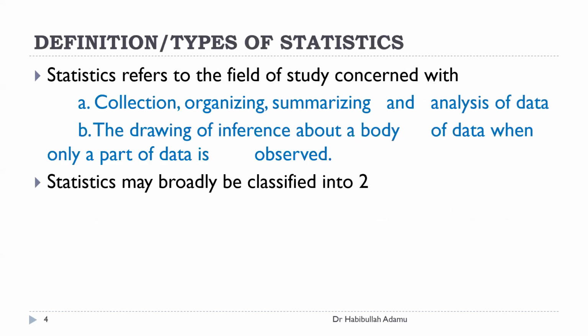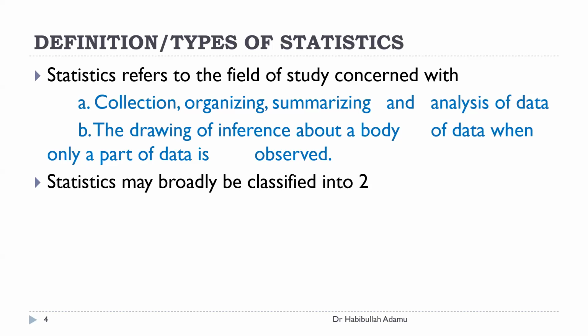So statistics refers to the field of study that is concerned with collection, collation, organizing, summarizing, and analysis of data. And not only that, it also deals with drawing of inference or conclusion about the data based on an observation that we made either on a part or on the whole of the data.